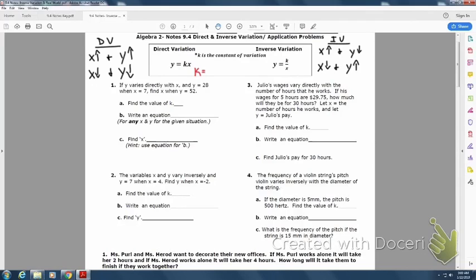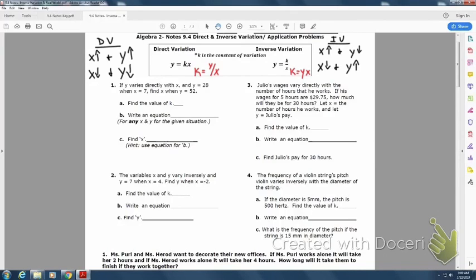So if you have a direct variation problem and you have to solve for k, you would do y divided by x. If it was inverse variation, what would you do? Y times x, or x times y, however you want to look at it. Okay?